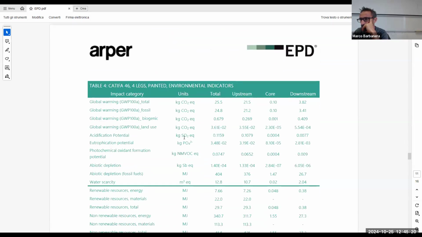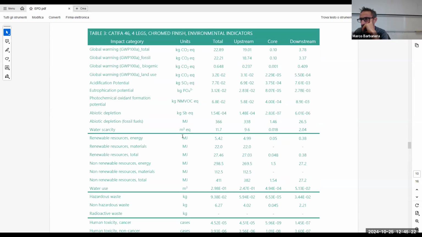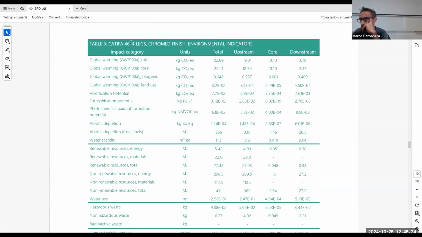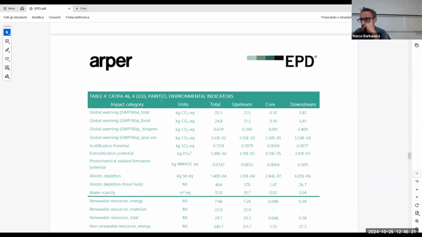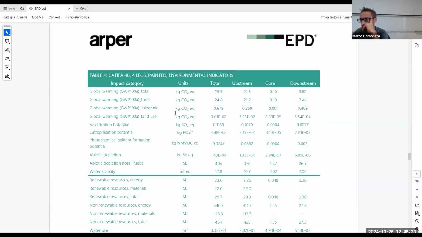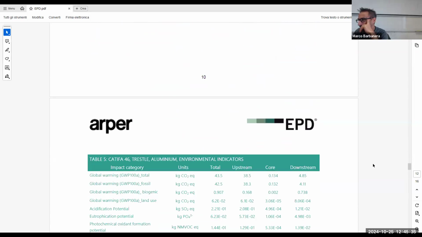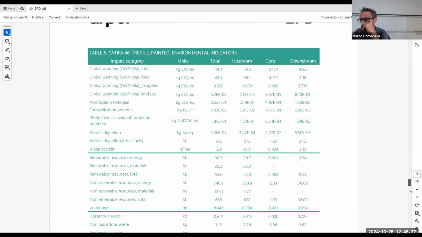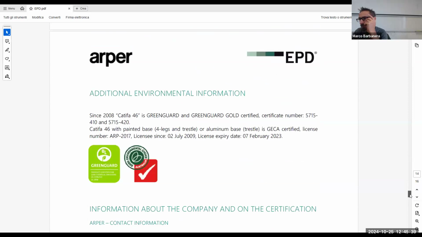Here in this table, you can see the first table. You have the first model of the chair. Here you have the second model of the chair, and so on, with different characteristics. So this is an example.